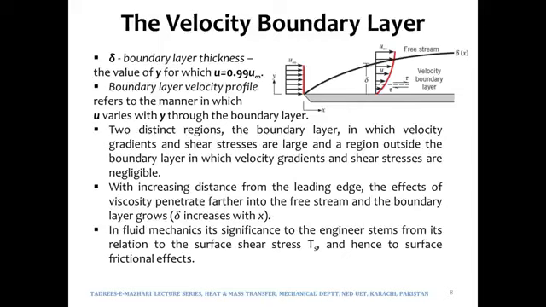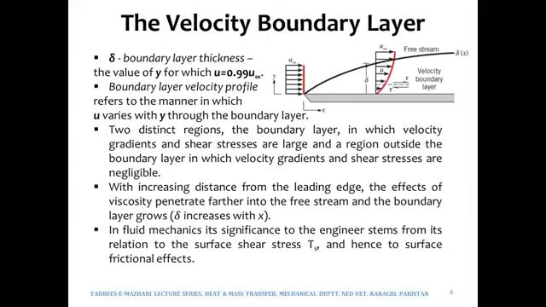Over here we are starting with the velocity boundary layer. As discussed before, there are 2 boundary layers. In fact, we would be coming across 3 boundary layers: the velocity boundary layer, the thermal boundary layer and the concentration boundary layer. But the concentration boundary layer will be dealt with in the later chapter of mass transfer.